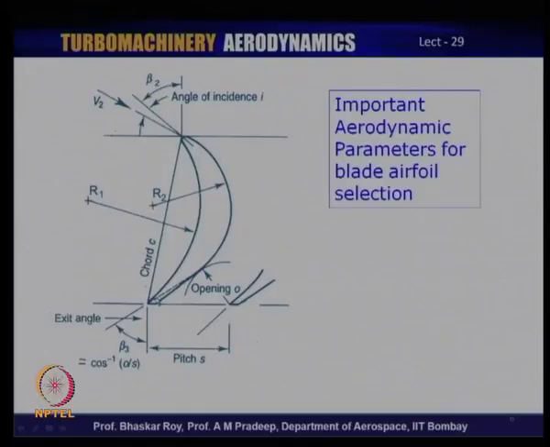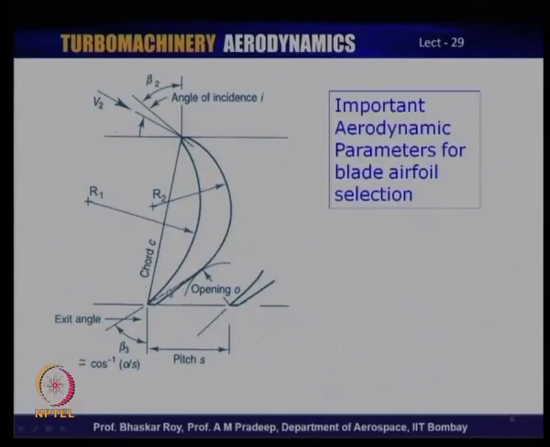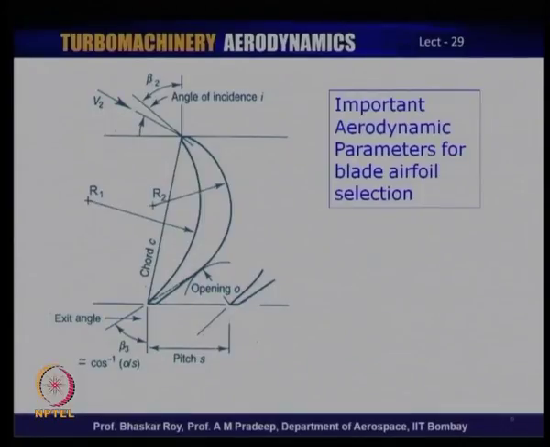Now, beta 2 plus beta 3 is indeed the flow turning here, and that, as we can see, could be very high, of the order of 100 degrees or so, or even more, and that needs to be catered to with the shape. In the process, it is entirely possible, and we shall see, that the flow may not stick right up to the trailing edge. There may be a very small deviation, much less than what we have seen in case of compressors, and quite often it is a very small amount.